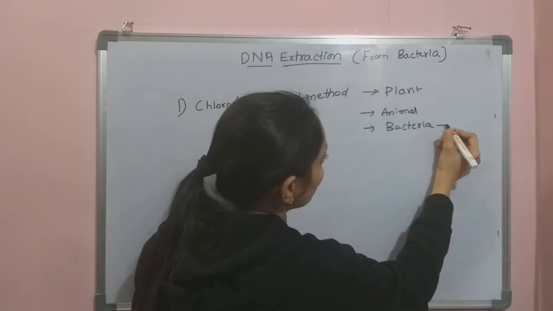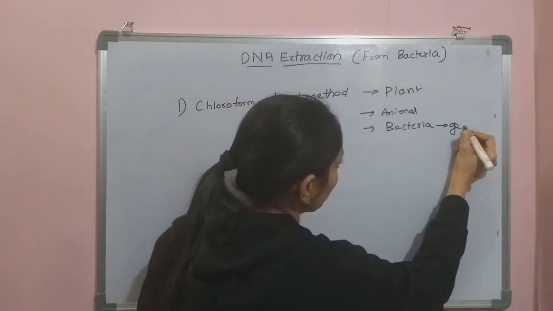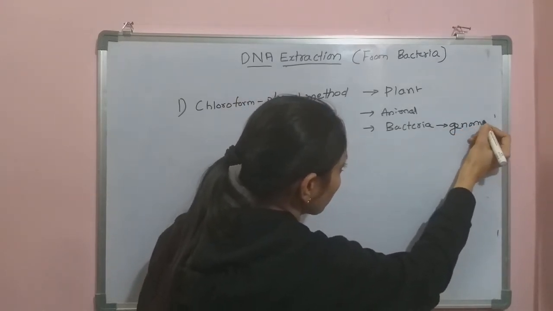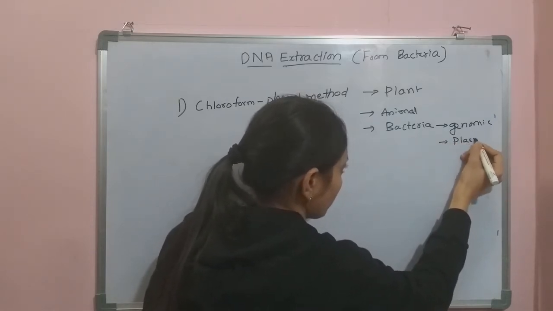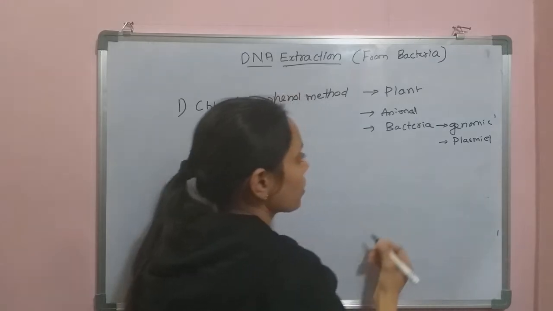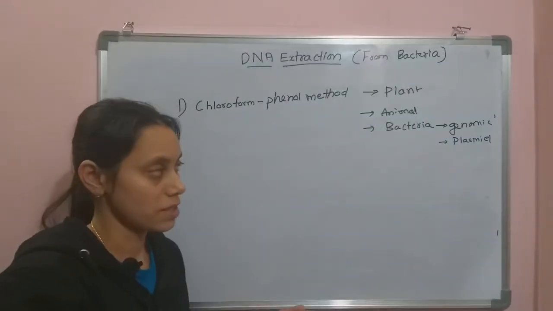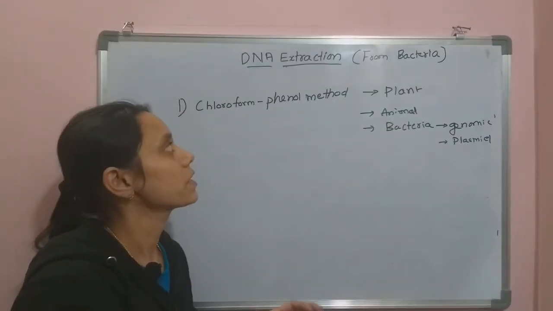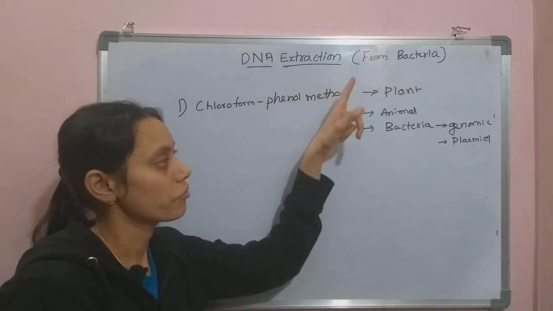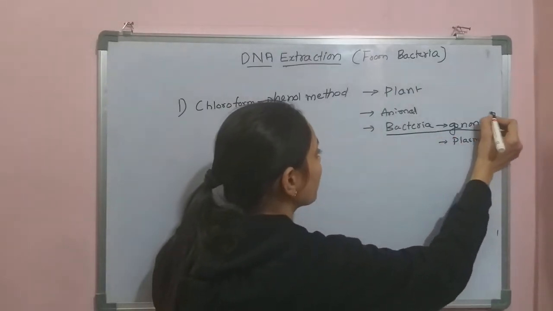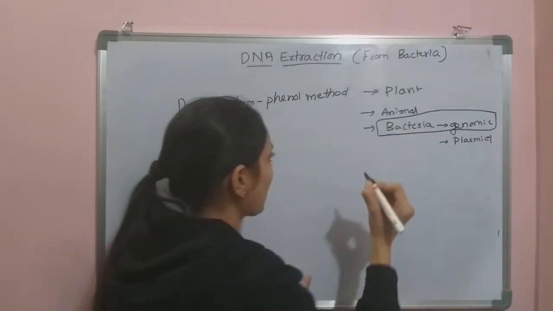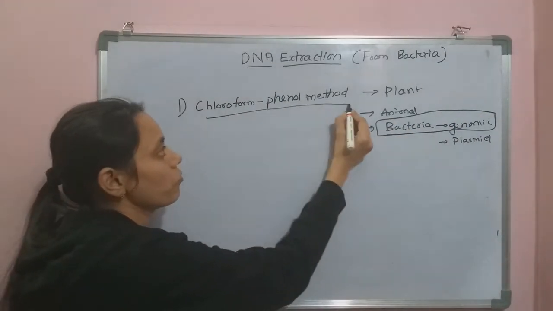The bacterial DNA could be genomic DNA or plasmid DNA. In this session, we are going to discuss DNA extraction from bacteria, specifically genomic DNA extraction from bacteria using the chloroform phenol method.